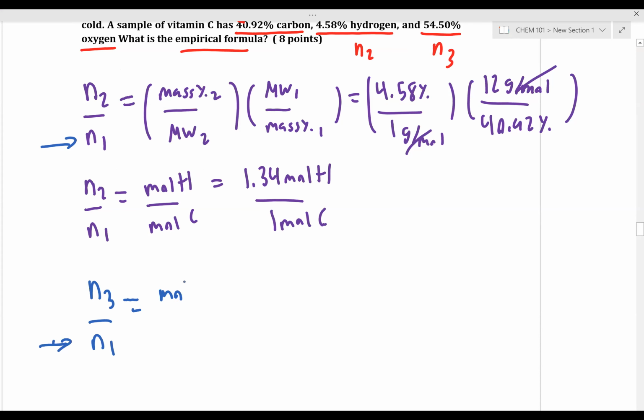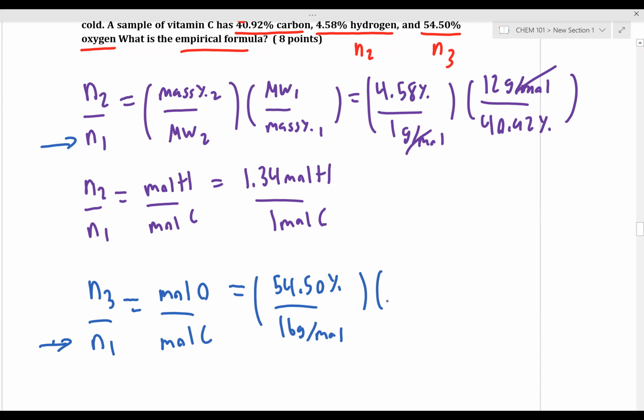So the moles of oxygen per mole of carbon are going to be equal to the mass percentage of oxygen over the molar mass of oxygen, times the molar mass of carbon over the mass percentage of carbon.